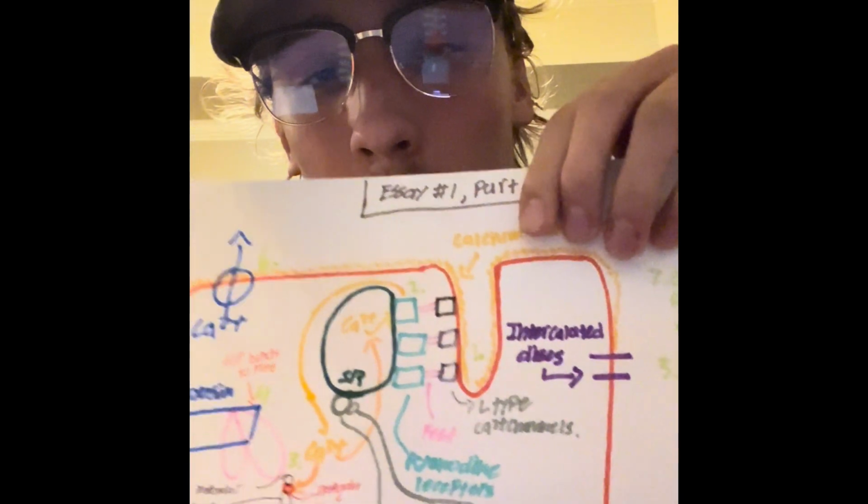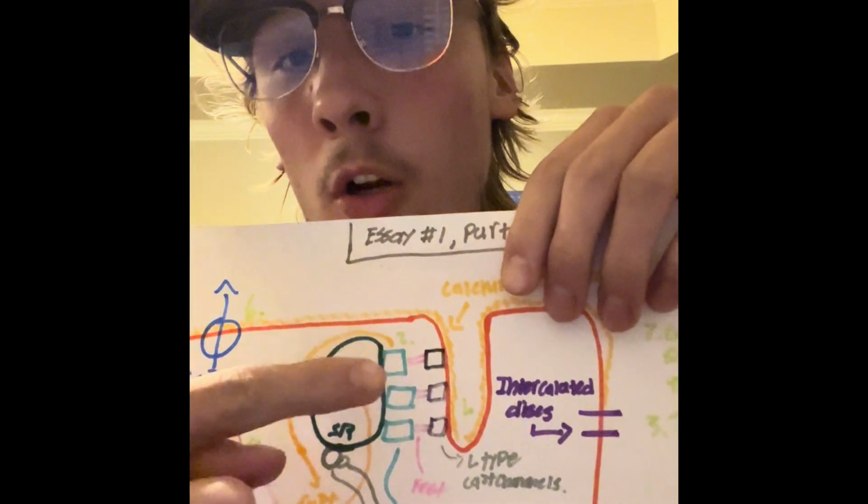The second way that PKA is going to work is that it's going to stimulate the sarcoplasmic reticulum to release even more calcium. This functions in the exact same way, because if we have more intracellular calcium, then there's more opportunity for that calcium to bind to a lot more troponin Cs, shifting those complexes, therefore meaning that there are more myosin and actin cross bridges to perform a more forceful contraction.